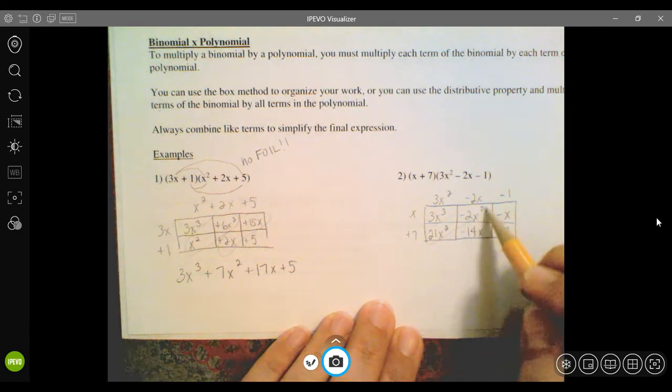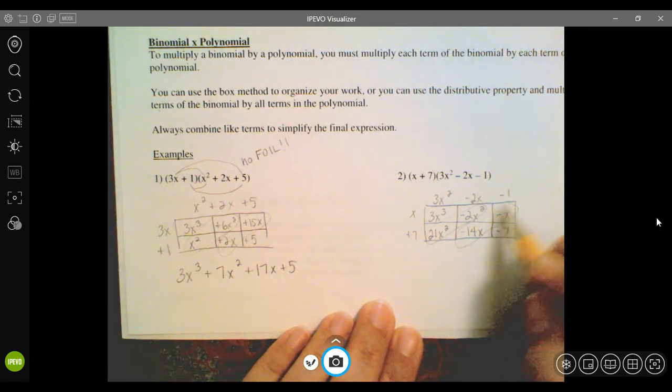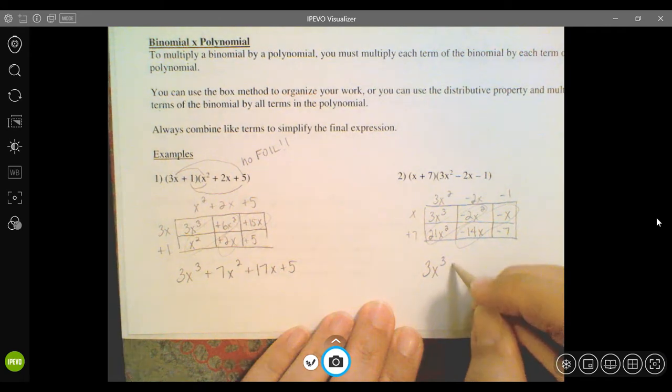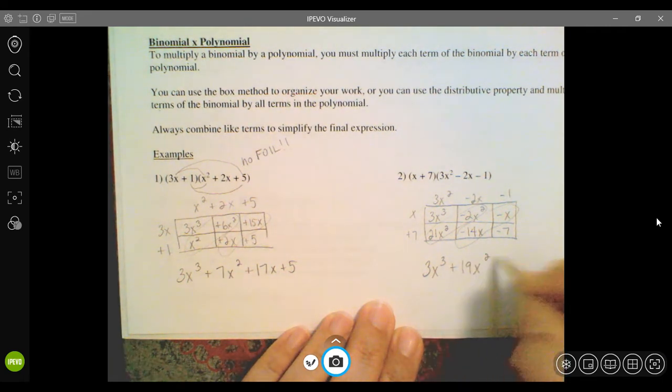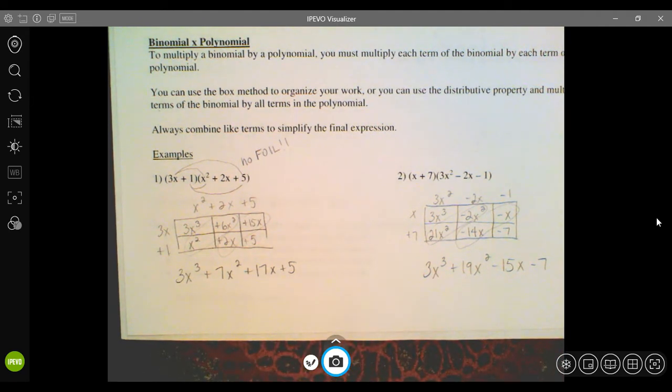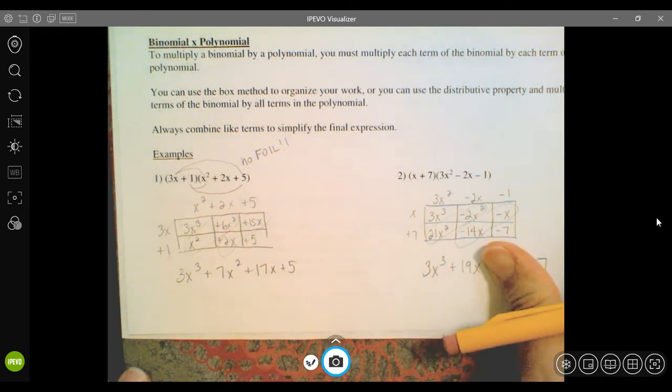And again, I see some like terms there and there. So we get 3x cubed plus 19x squared minus 15x minus 7. So that is a binomial times a trinomial, or a polynomial.